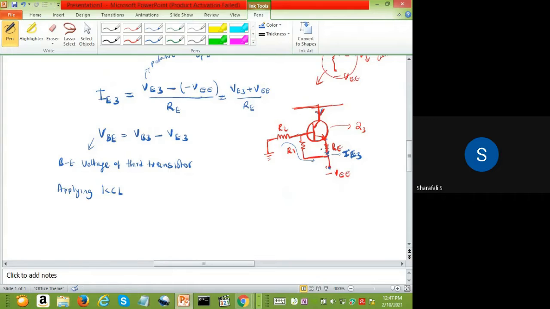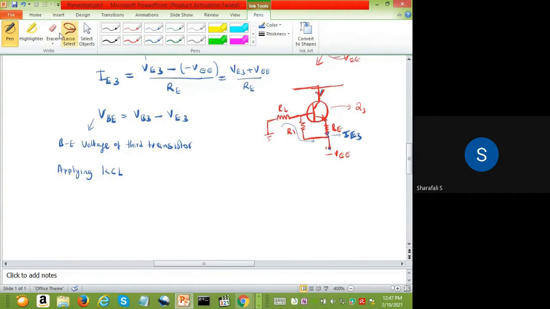So actually, you have to redraw this circuit, that part only.